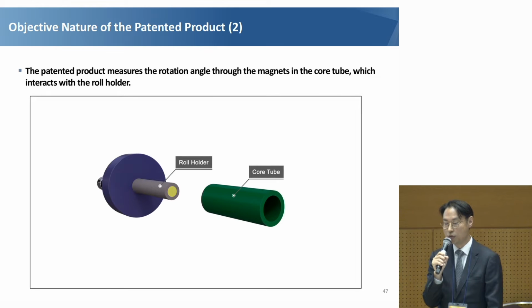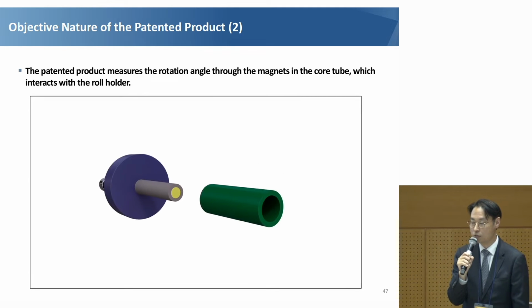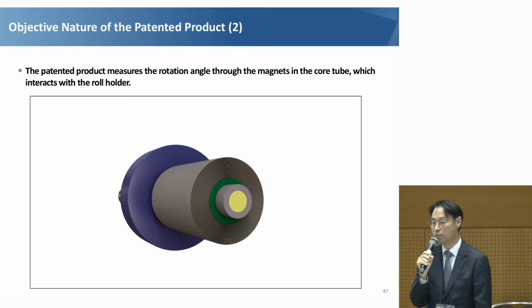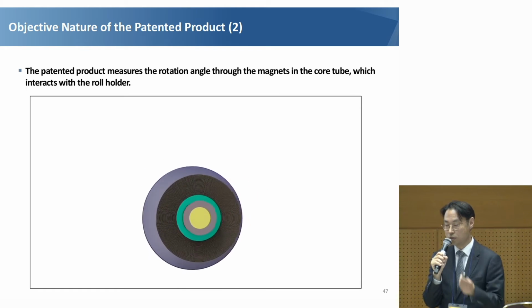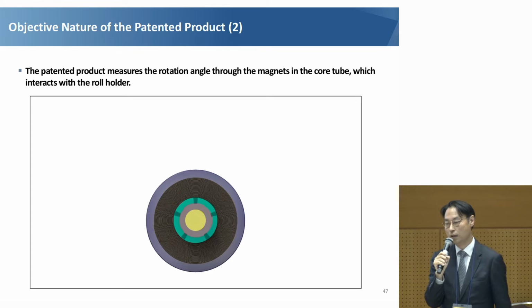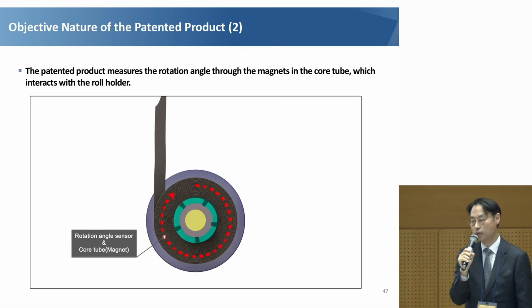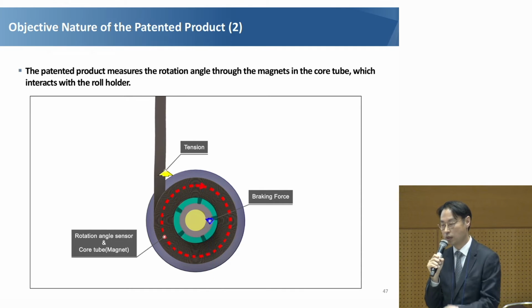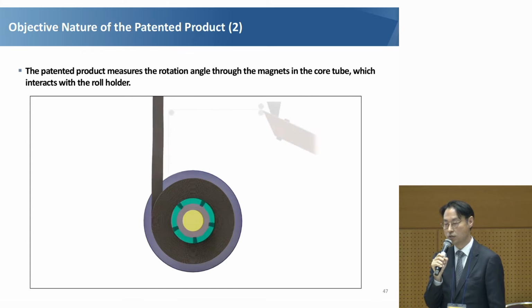So let me show you some animation to demonstrate how the patented product works. As you see, the core tube is inserted into the core holder. So you see two forces, tension and braking force.